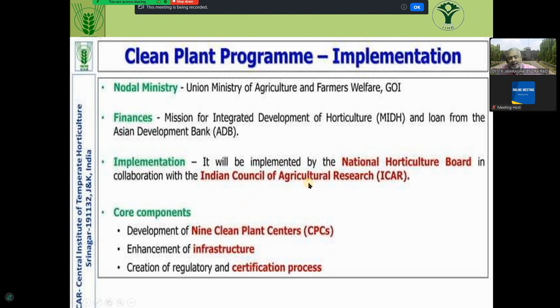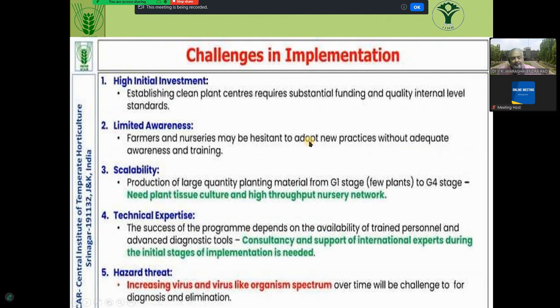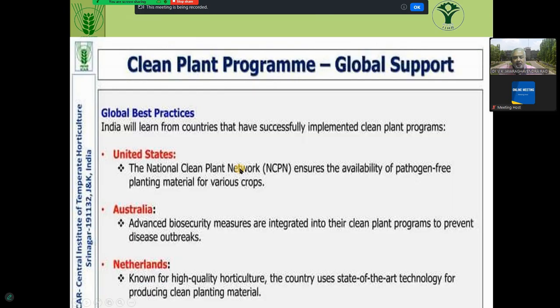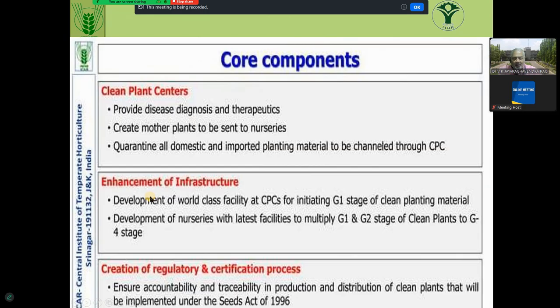I'll tell you about the 9 Clean Plant Centers program. So all these things are there. I'll tell you how the collaboration works, it may be with Agri Universities or ICAR institutes; I told you IIHR is one of them. Then we also have global best practices coming from USA, Australia, Netherlands. That's how the team is there, the core components.